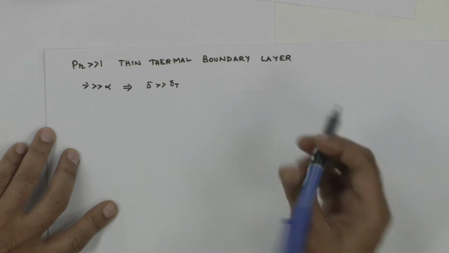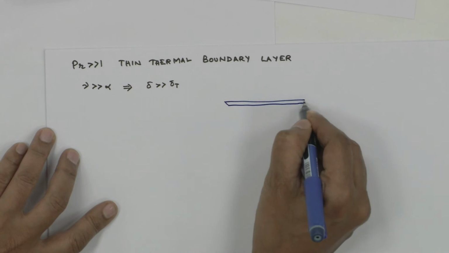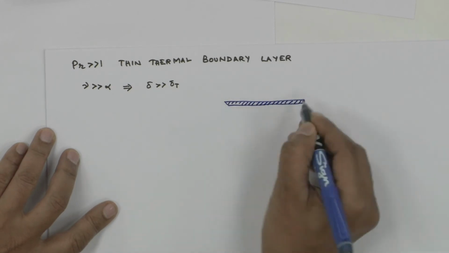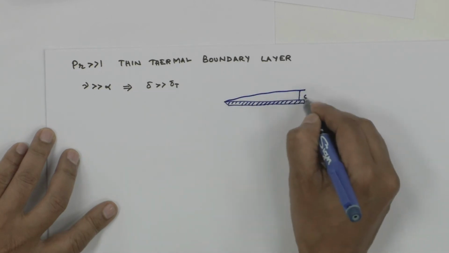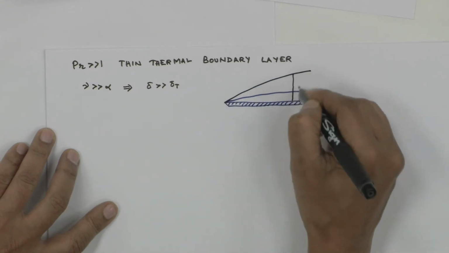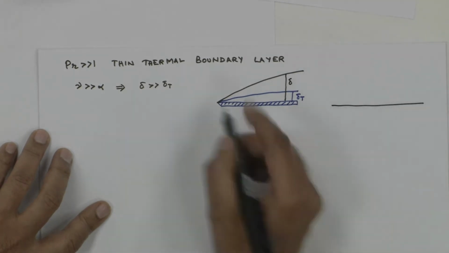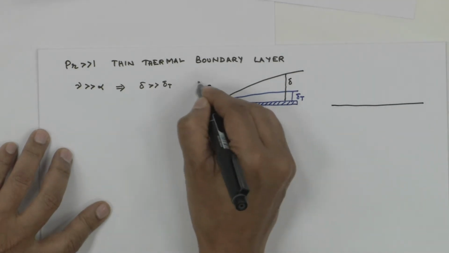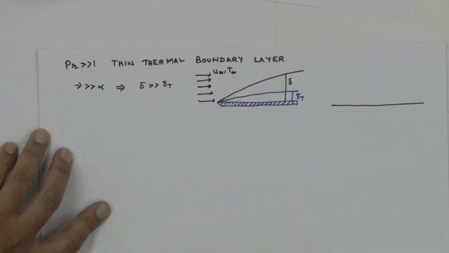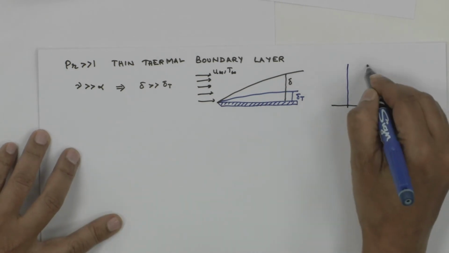So now let us take up the drawing. If I take the flat plate, this is my delta T and this is my delta. Now if I were to plot the temperature, this is of course you have U infinity and T infinity flowing. So now you have the velocity distribution varying.